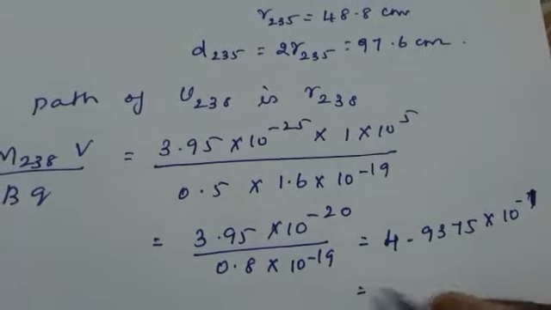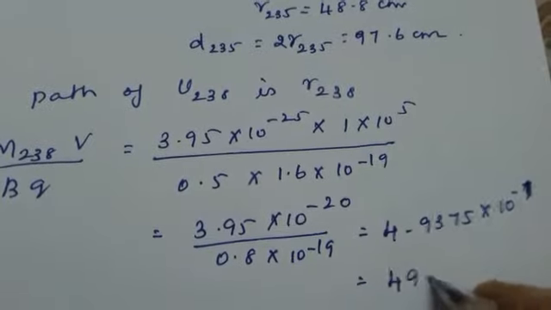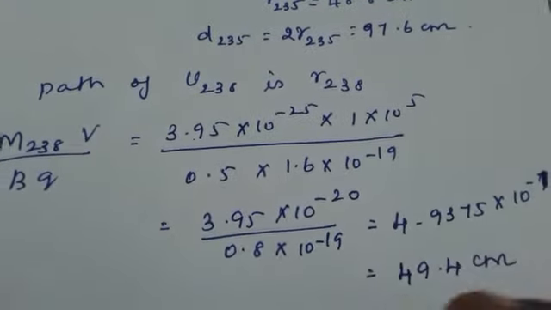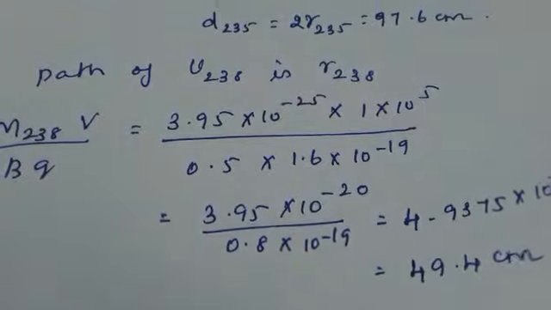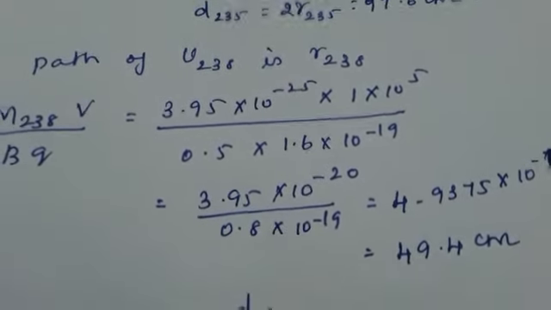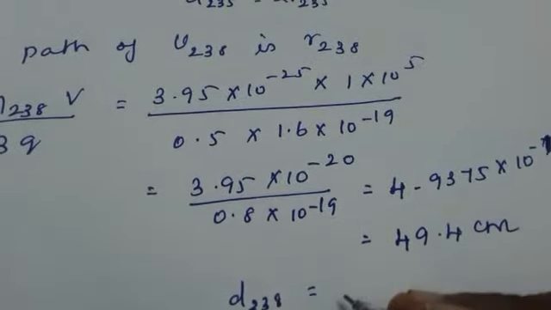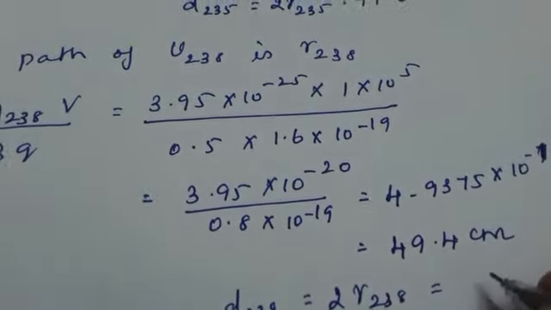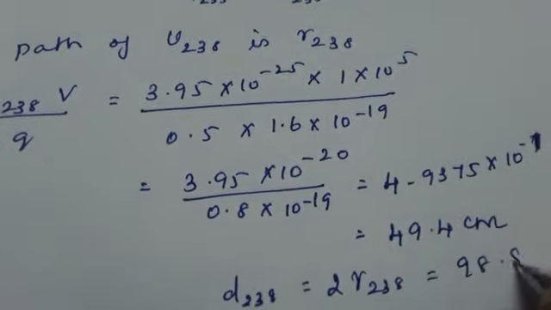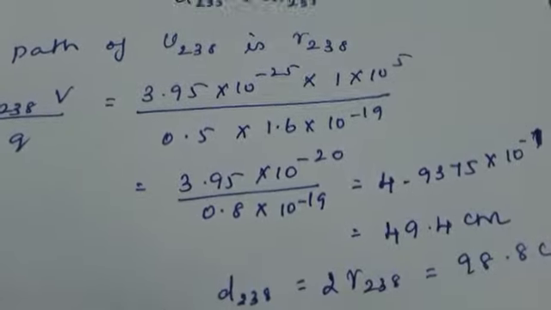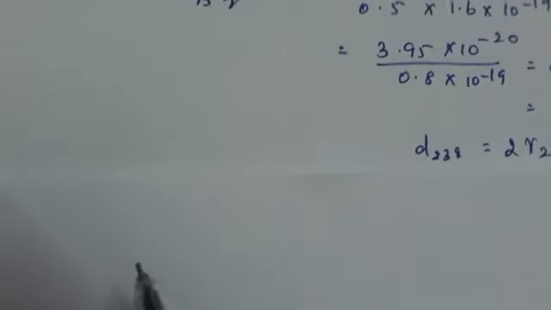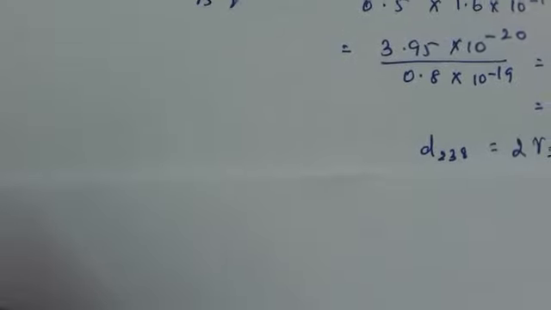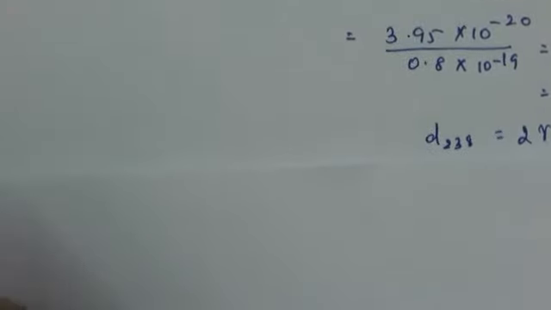Now this can be written as 49.4 centimeter. Now what is your diameter? Diameter of 238 is equal to 2 times radius of 238, that is 98.8 centimeter. Now what is the distance of separation between the isotopes?